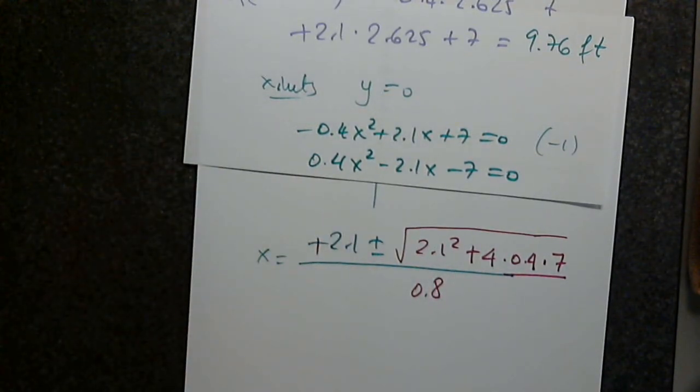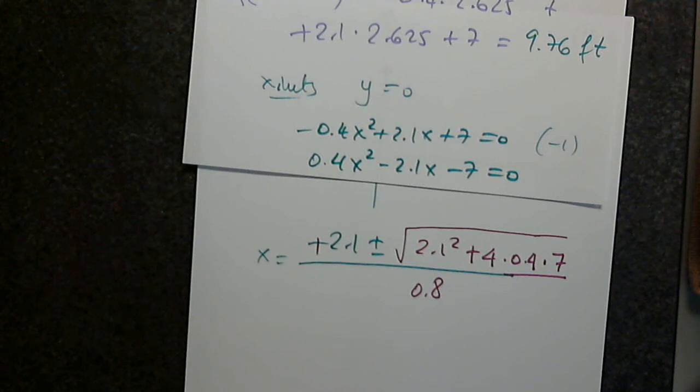So I put it in the graphing calculator. Don't forget parentheses around the top, definitely. So 2.1 plus the square root, and as you know me, I put parentheses inside the square root: 2.1 squared plus 4 times 7, 28 times 0.4. Close the parenthesis for the top, and divide by 0.8.